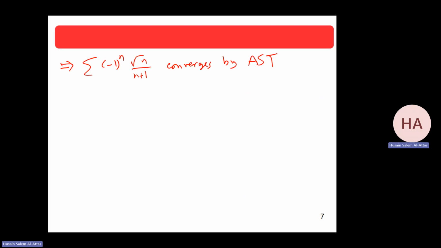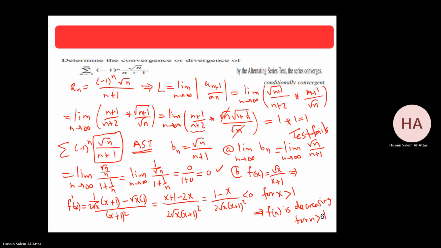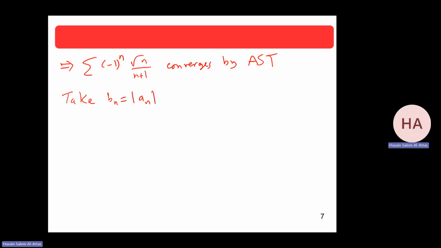Now I need to check the absolute value of An. Let me call this Cn, not Pn. It's okay, I call this Cn. Who cares? Which is square root of n over n plus 1.